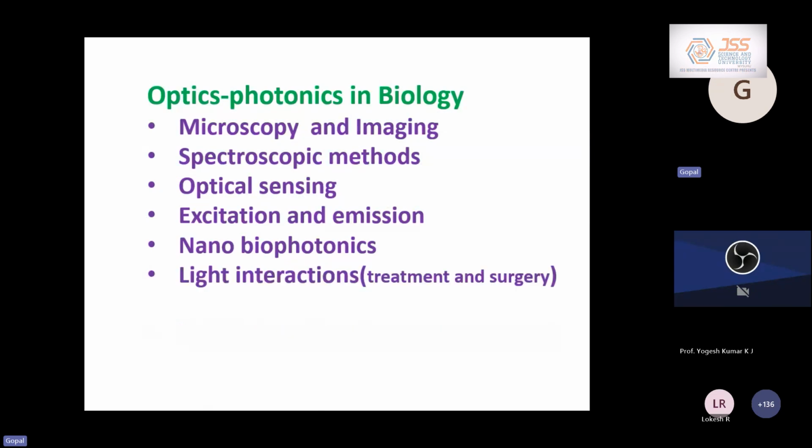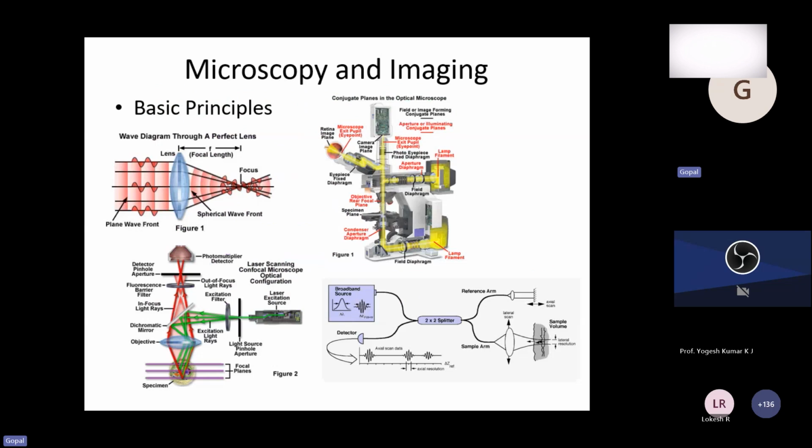When I talk about nanobiophotonics, biophotonics and nano are a combined science. When I talk about nano, it is nanomaterials, because biophotonics will go with nanomaterials. Then light interactions, that is treatment and surgery, with a compatible biomaterial. This is what I mentioned: a compatible biomaterial should be selected.